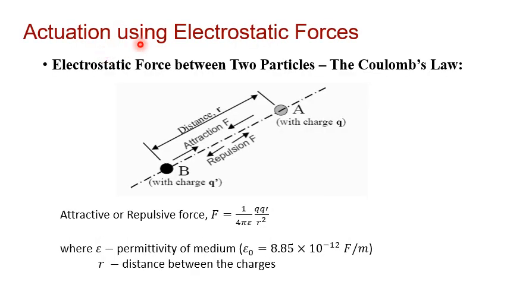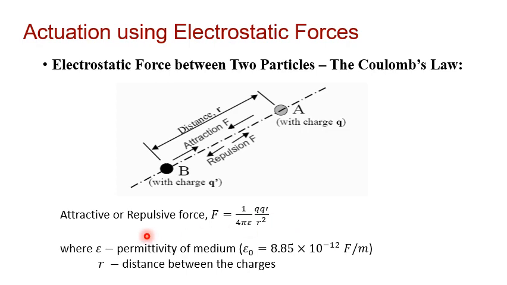The next type of actuation is based on electrostatic forces. So we know that the electrostatic force between two charged particles, as given by Coulomb's law, is a force of attraction or repulsion that is always proportional to the product of the charges and inversely proportional to the square of the distance between the two charged particles.